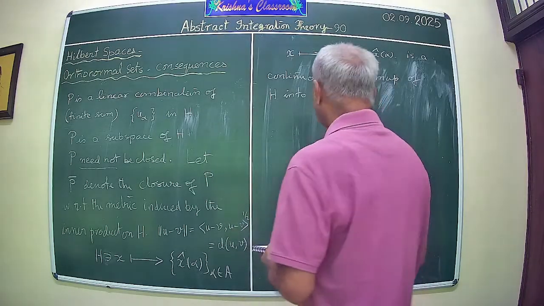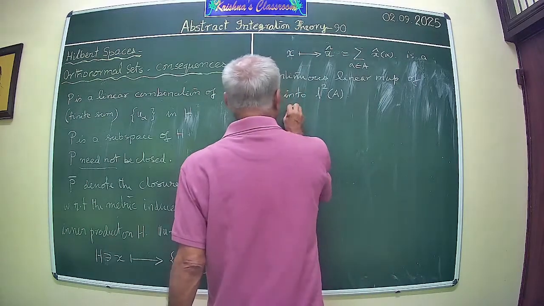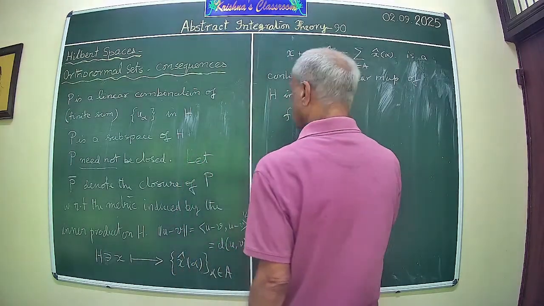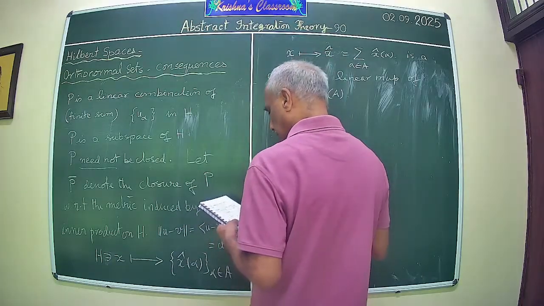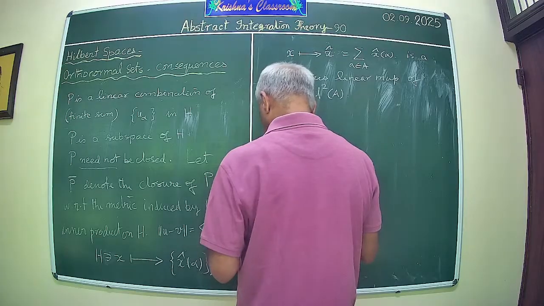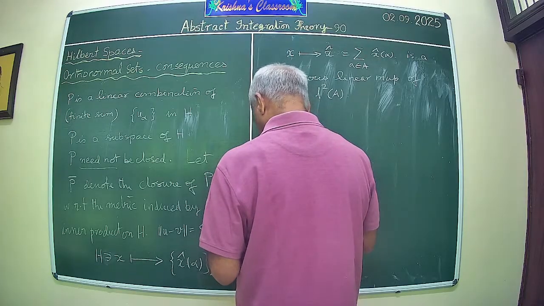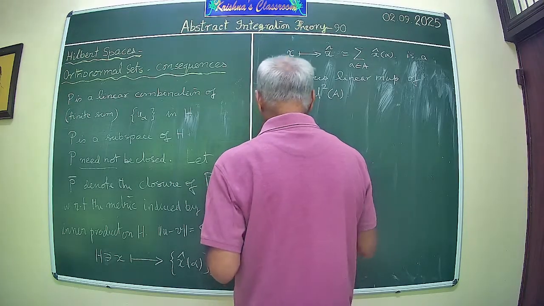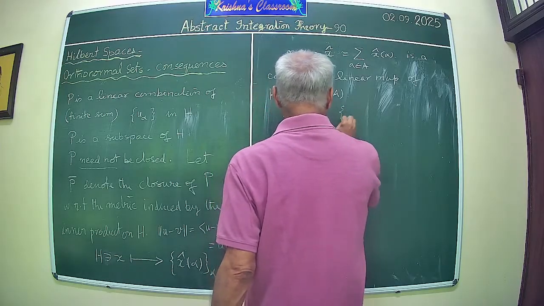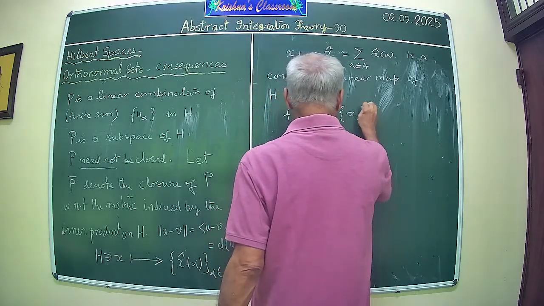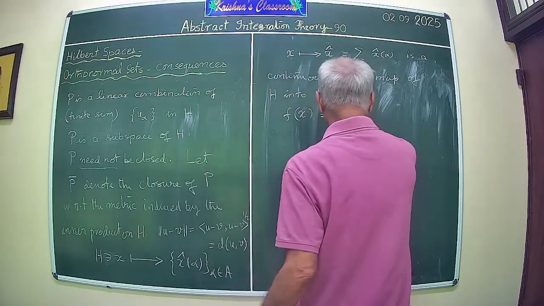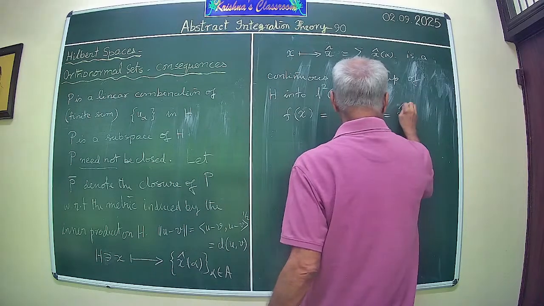And we can show that F is, what is this F defined? F of x we define as x hat(alpha), which is designated by x hat.